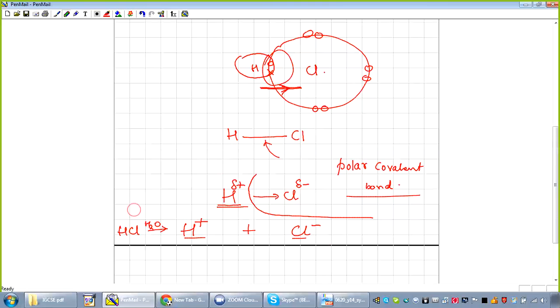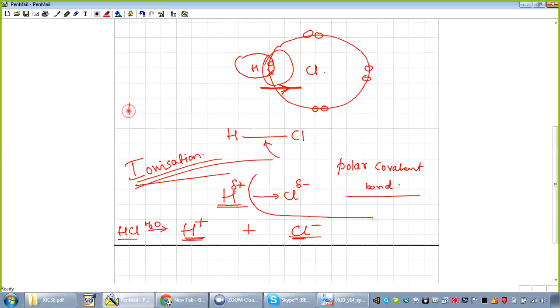Now here originally when HCl was over here, it was not in the ionic form. But after you dissolve it in water, there is formation of ions. This process is known as ionization. So ionization is what? The process of formation of ions which initially did not exist in the ionic state.